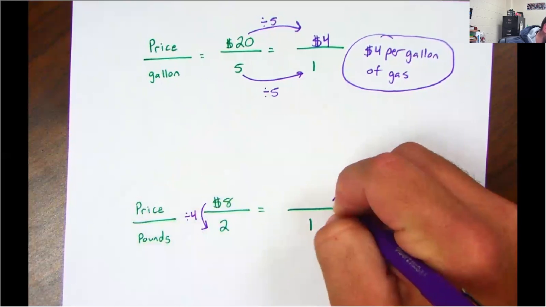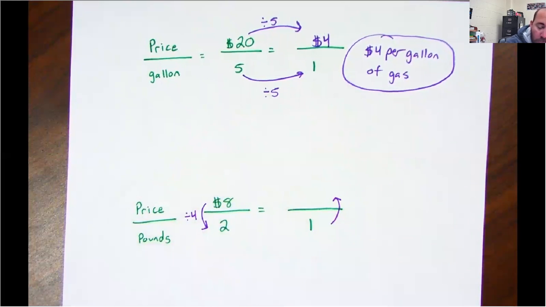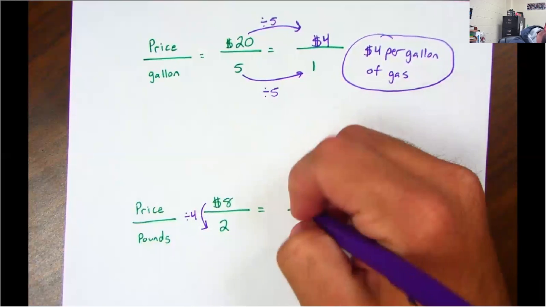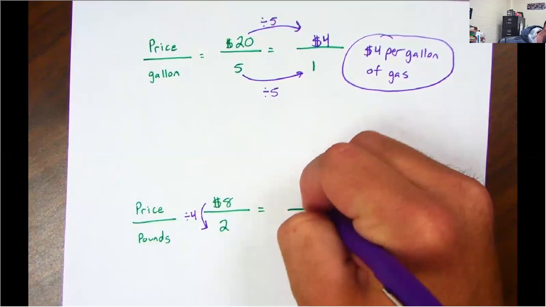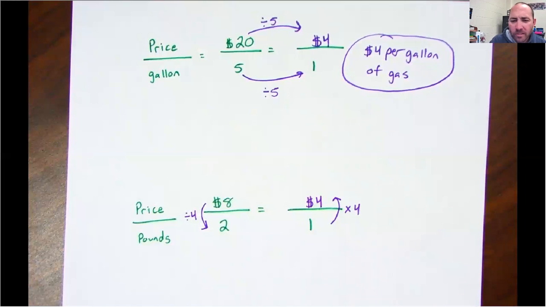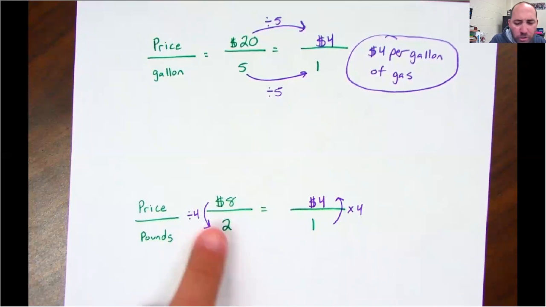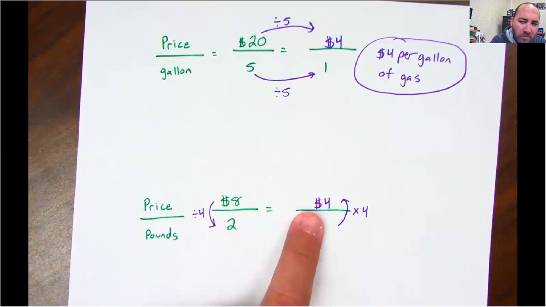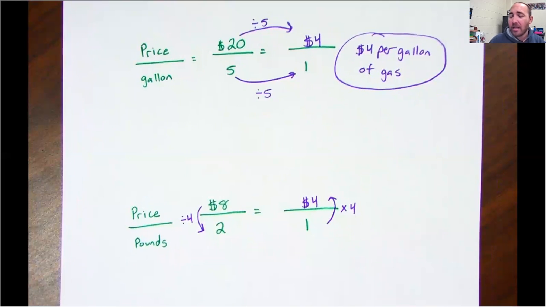Now, if we go in the opposite direction, look at the arrows. Opposite directions, do the opposite operation. So 1 times 4 is 4. So think about the logic. If it cost $8 for 2 pounds of turkey, doesn't that mean it only cost $4 for 1 pound? Well, yes, it does.